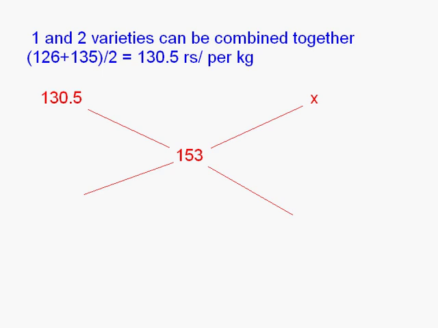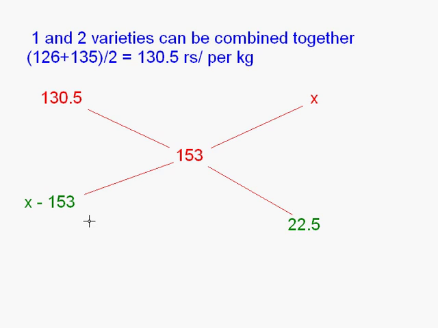Now, which is expensive here? Out of these two, x will be expensive, so it will be x minus 153. And over here, which is expensive? 153 is expensive, so 153 minus 127.5 will be here, or we can easily write it as 25.5. So 25.5 will be here. Now the ratio will be what?